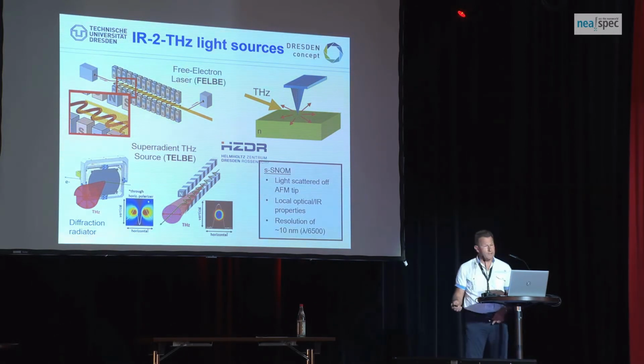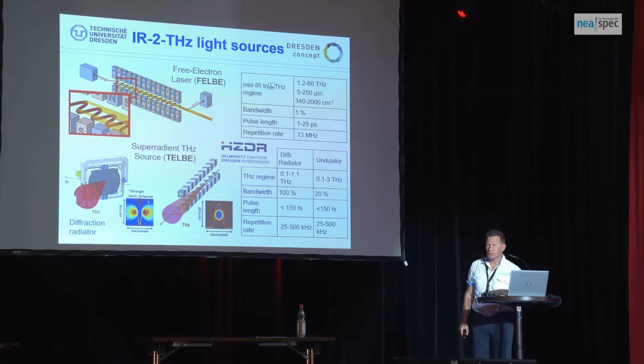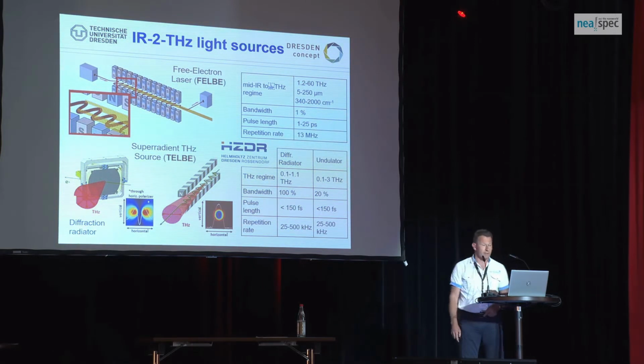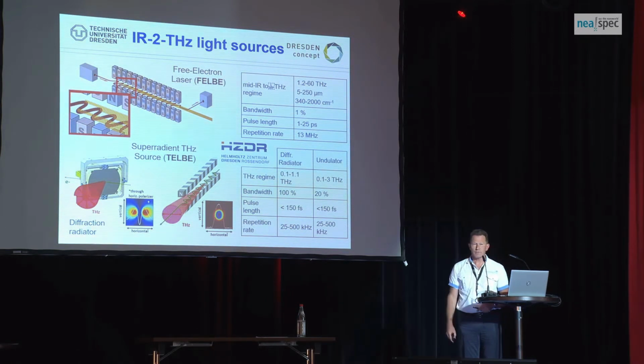To give you more grounds on that, and this is something you might take home, here are the benefits, the specs of these two sources. The one goes down to 1.2 terahertz, which is on the order of about 4 milli-electron volts. The other one has an energy that goes even down to 100 gigahertz, which is even more appropriate for some investigations if you want to go for spin investigations and so on.